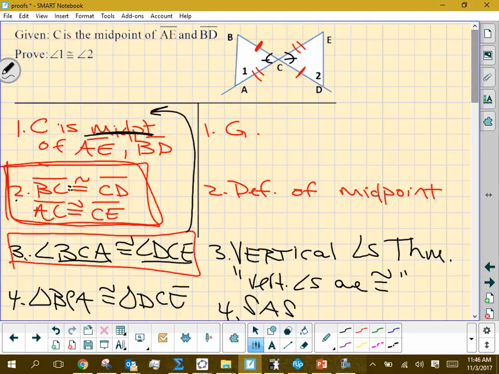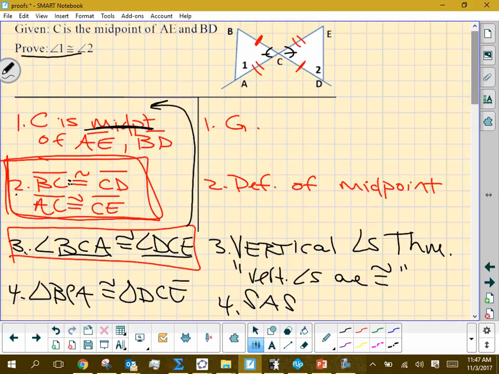Once you have the triangles congruent, take that statement, match it back up to the one you're proving, and see if they're the same. If they're the same, you're done. If they're not, you have a CPCTC statement to come next. Okay? And if I look at angle 1 and angle 2, can we say that they are congruent?